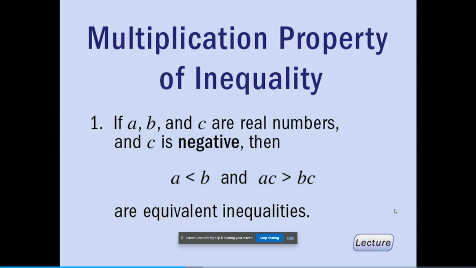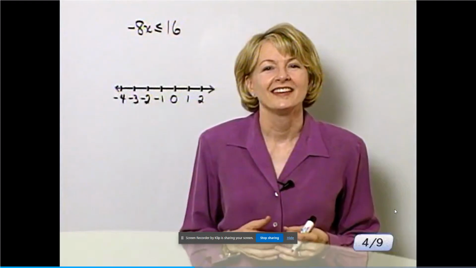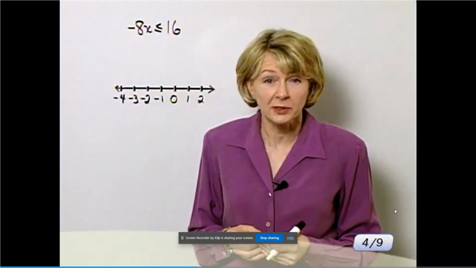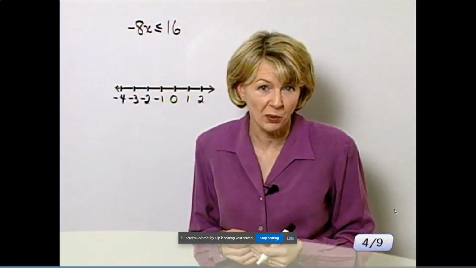Now watch what happens if we multiply by a negative number. If A, B, and C are real numbers and C is negative, then A is less than B and A times C is greater than B times C are equivalent inequalities. Now let's practice using that multiplication property of inequality.